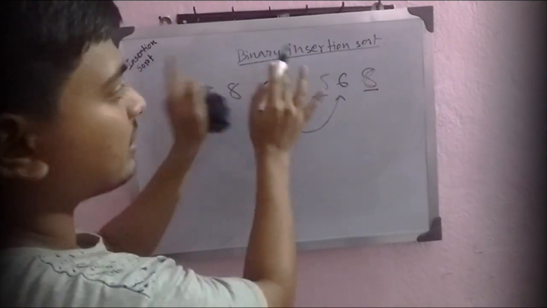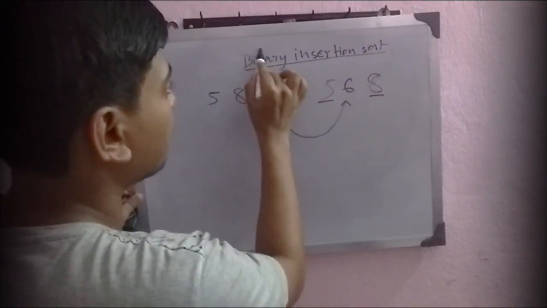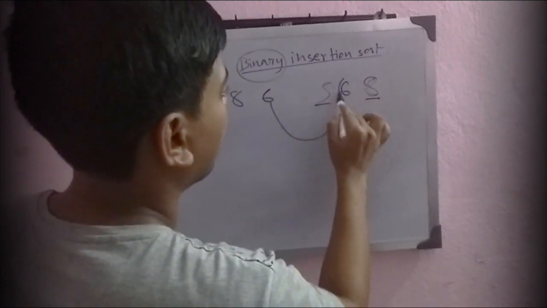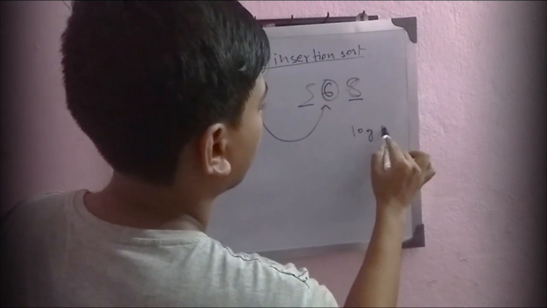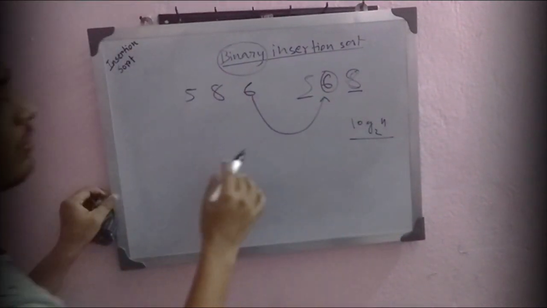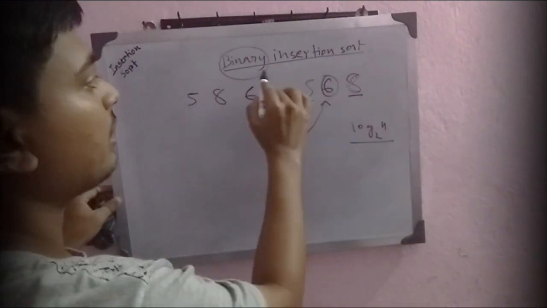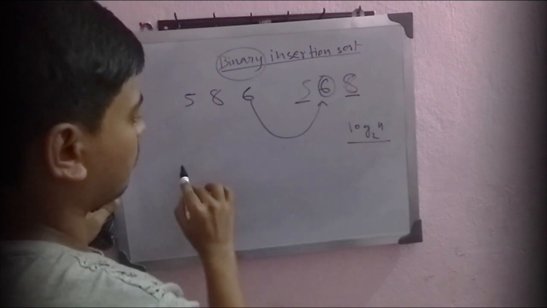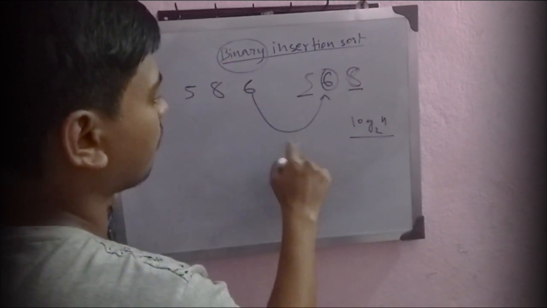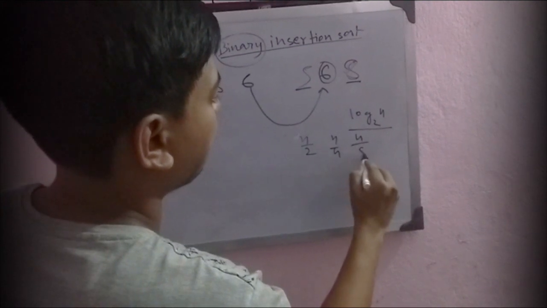If we apply binary search to insertion sort, then the comparisons we have to make are log of n base 2, because after every search we reduce the number of elements by half, like n by 2, then n by 4, then n by 8.